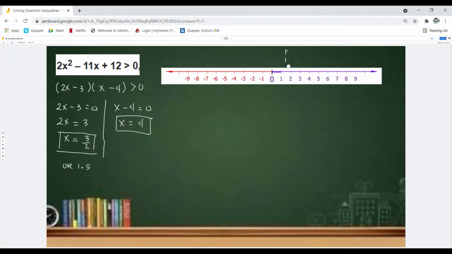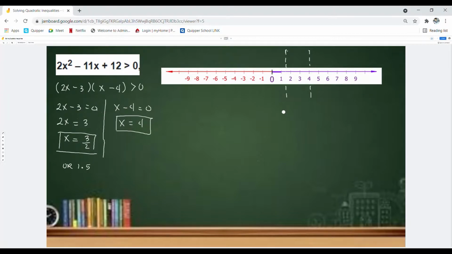Assuming it's exactly 1.5, we cross 1.5 and positive 4. So meaning the region is very small here. Also, we have a wide region 1. I mean, section 1. Section 2 is narrow, and this one is wider.